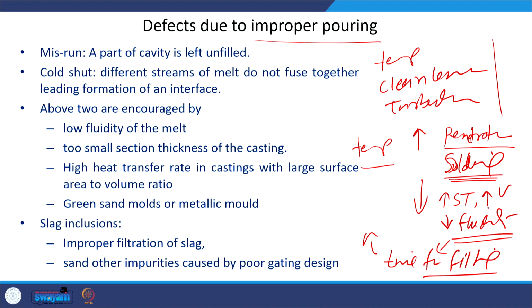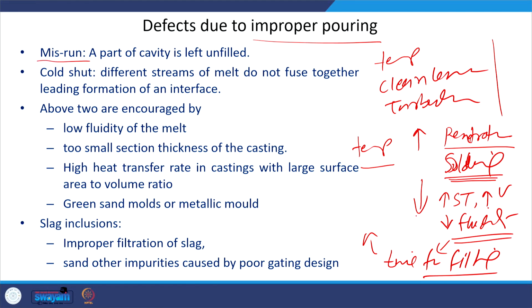If the molten metal is not able to fill the mold cavity completely and solidification starts, or the molten metal is not able to reach especially the fine sections of the mold, then it will lead to a defect like misrun.